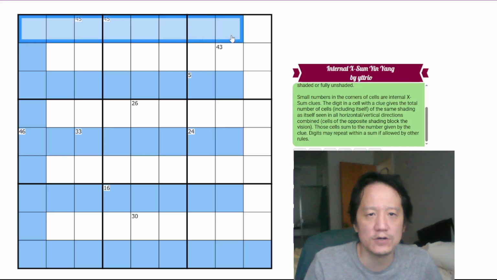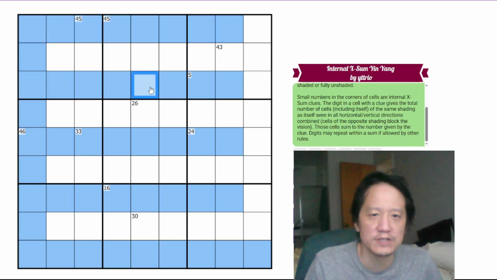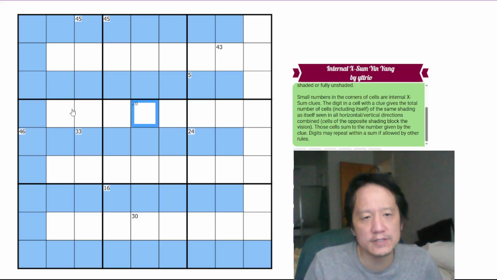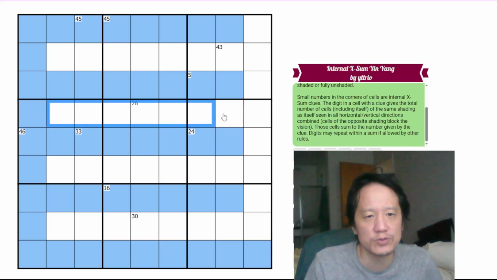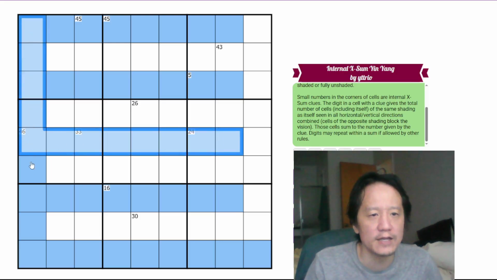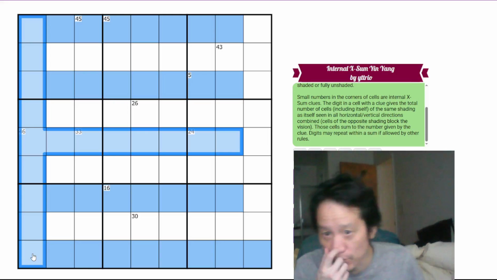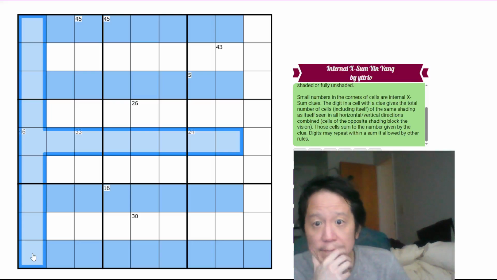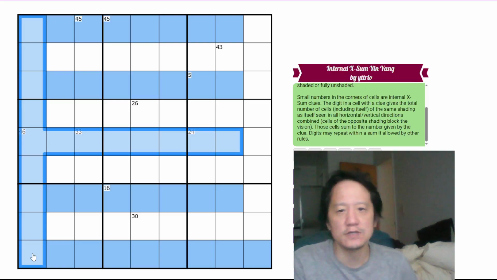This says all the shaded cells add up to 45, and this says all the shaded cells here add up to 45, which obviously is going to be problematic. This says all these cells would add up to 26. This would say that all of these cells and all of these cells add up to 46, because it sees all of those cells.